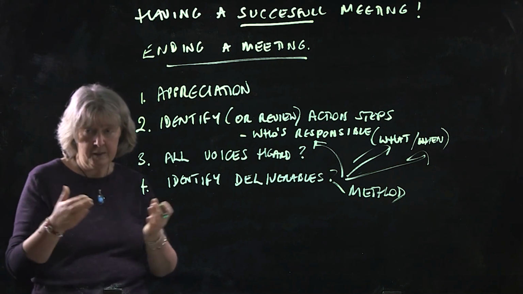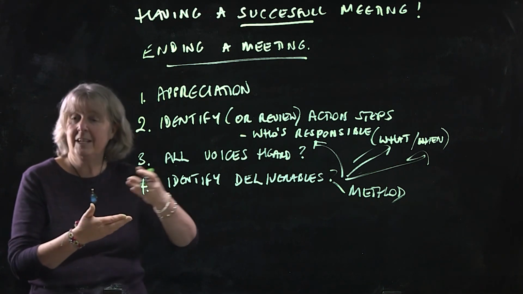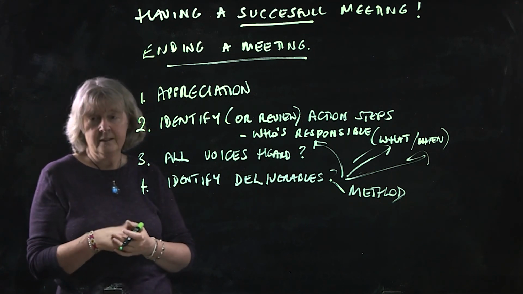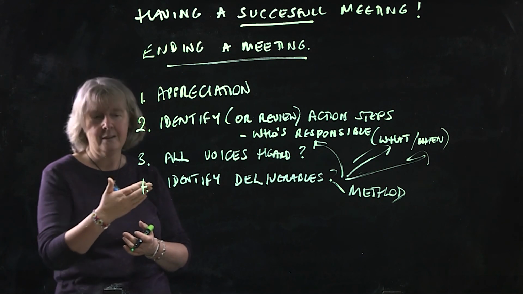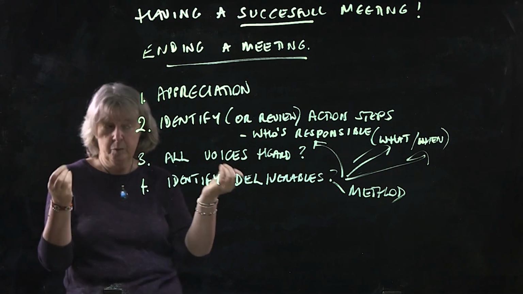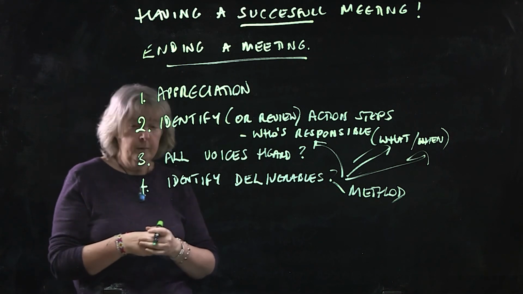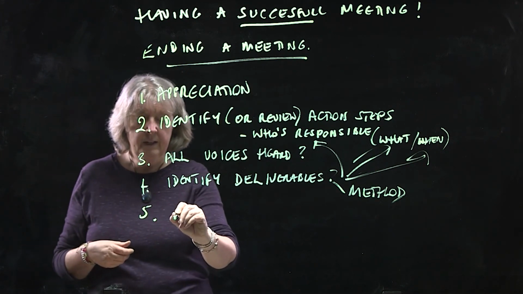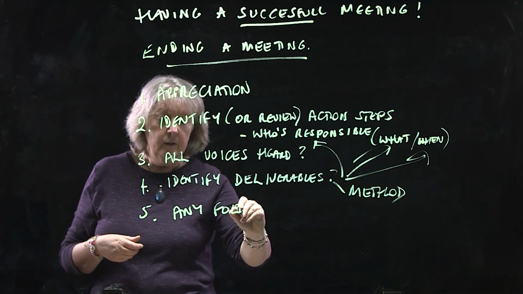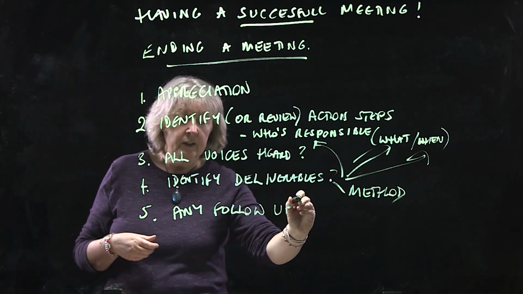And so when we next meet, next week, for instance, if it's a weekly thing, I'm going to be sharing what I discover through that time with myself, through that contemplation when we meet next. And that might be true for both of you. And then finally, is there any follow-up?